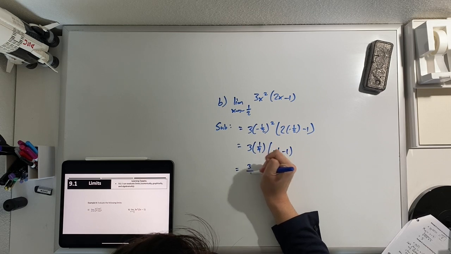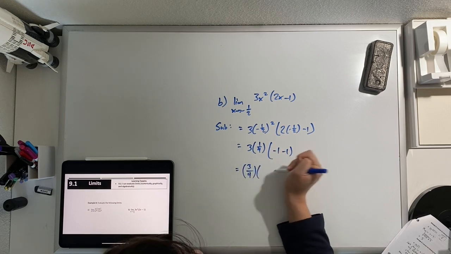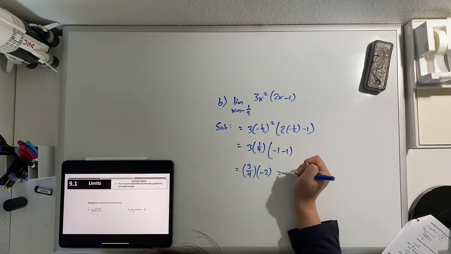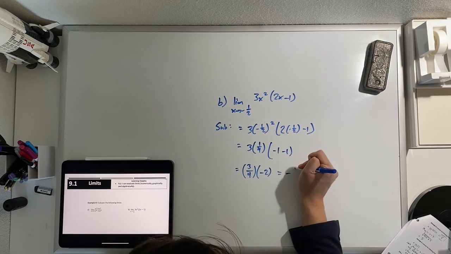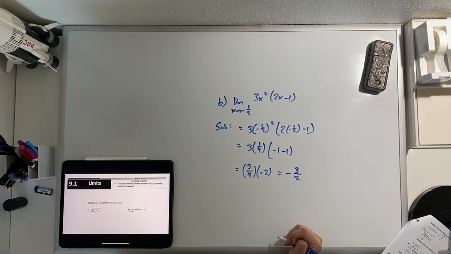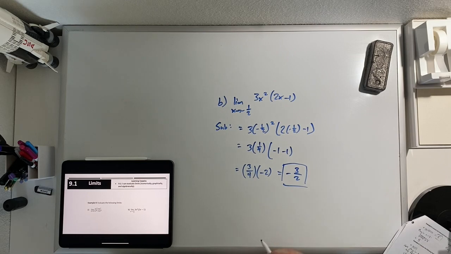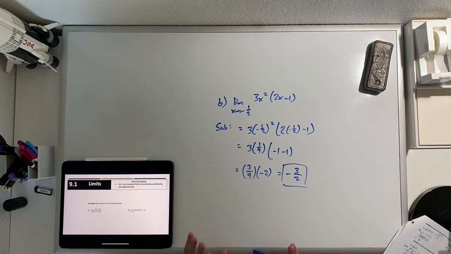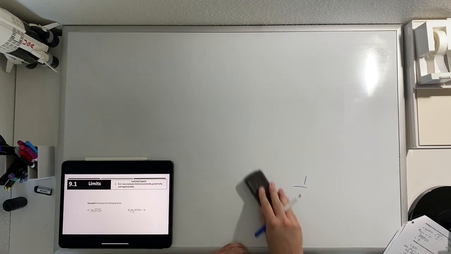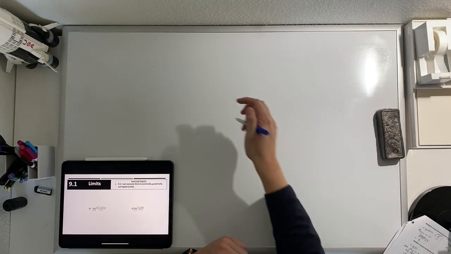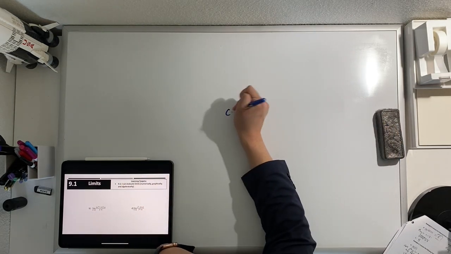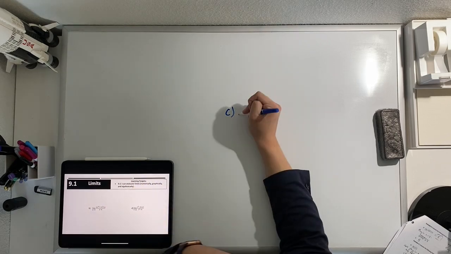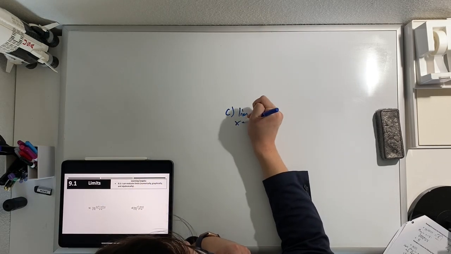So we have 3/4 times negative 2, which simplifies nicely to negative 3/2. So in this case, substitution worked right away. We didn't have to worry about any algebra magic. There was no issue with a domain. Okay. And yes, this should be C, not a second letter B. My apologies.